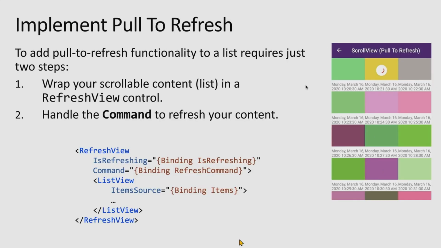And using it is very easy. As we said, we wrap any control. In this case, we are using a list view inside the refresh view. The two main properties are IsRefreshing, a boolean that of course we can bind and use with MVVM and all the stuff that you probably love. And we can also use a command to execute the logic to refresh the list.